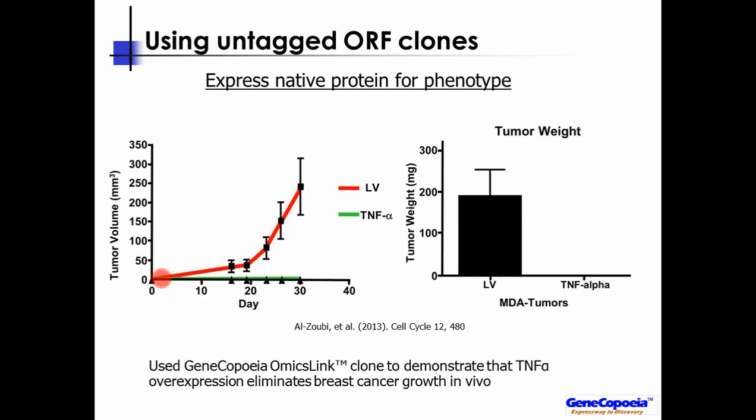In this case, they showed that compared with the lentiviral control, there was no increase in tumor volume over a 30-day period. There was essentially no tumor formation. The same is true of the tumor weight. The lentiviral control grows to nearly 200 milligrams, whereas there's no detection of tumors in the cells containing the GeneCopoeia omics-linked TNF-alpha expression clone.